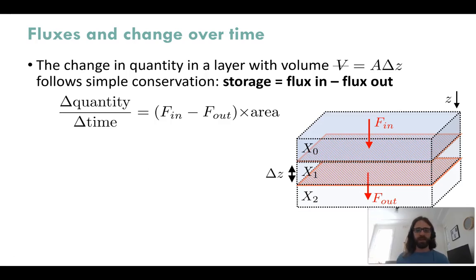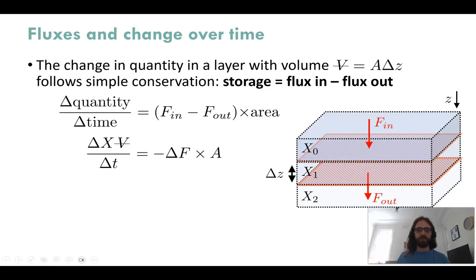Here I am showing the same equation from the previous slide, just so we have more space to continue with our derivation. And what we can do now is replace these words with actual variables. So quantity is equal to X, which is the quantity per unit volume, if you recall. And so in order to get the overall quantity, we need to multiply X by the volume that is represented in our discrete model over here on the right.